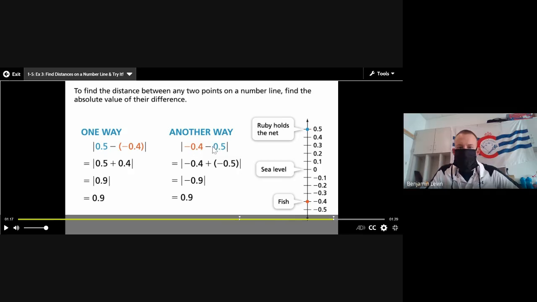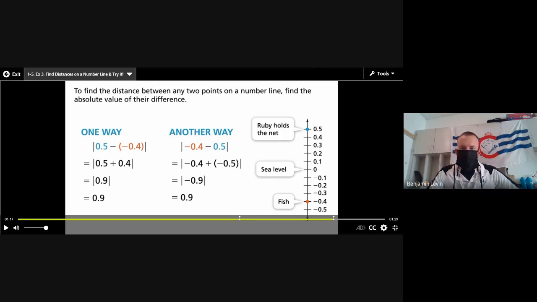Negative 0.4, you're finding the difference, right? So they did it in opposite order. Instead of doing 0.5 minus negative 0.4, they did negative 0.4 minus 0.5. We're still finding the difference because we are still subtracting, right? So then they just changed this into adding a negative. Subtracting is the same as adding a negative, and they got the absolute value of negative 0.9 is 0.9, right?